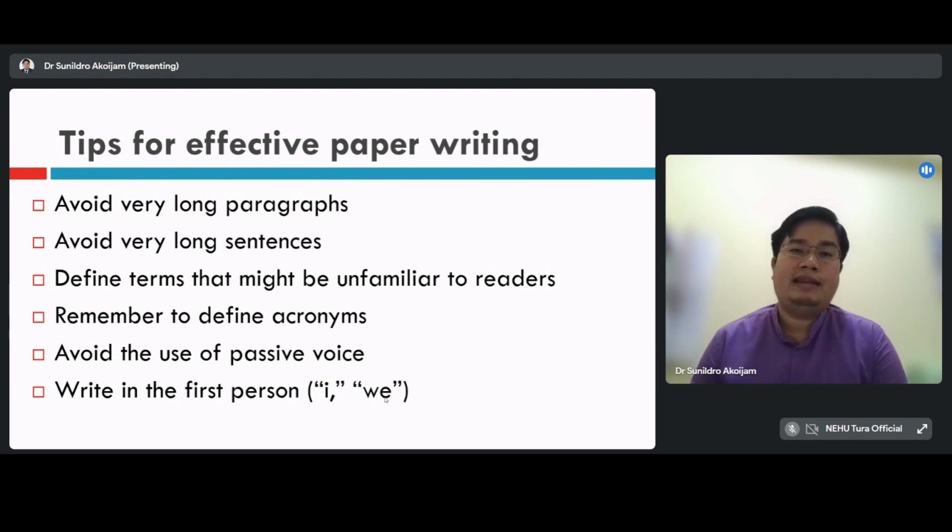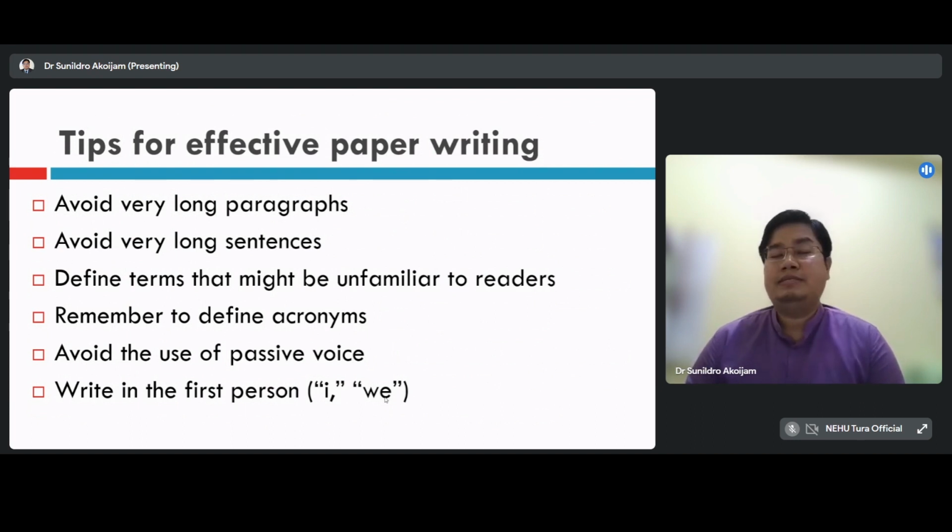If introducing a term is a must at some point, but that term may not be very familiar or easy for the readers to understand, then try to define that particular term, so that your readers find it easier to understand your paper. Then remember to define acronyms.